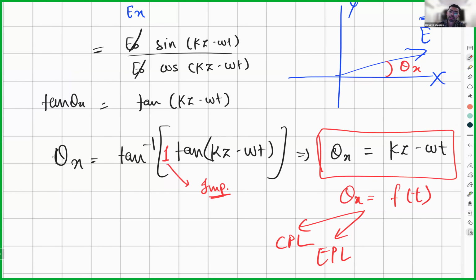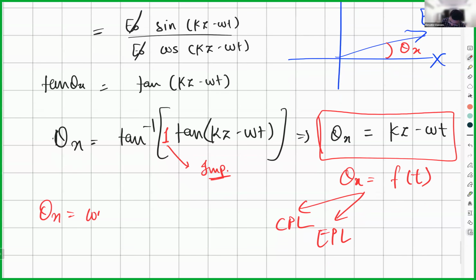Do you agree? Because the electric field vector is continuously rotating. But this will not be the same for plane polarized light. For plane polarized light, theta x must be a constant.